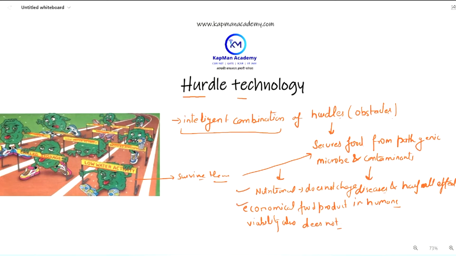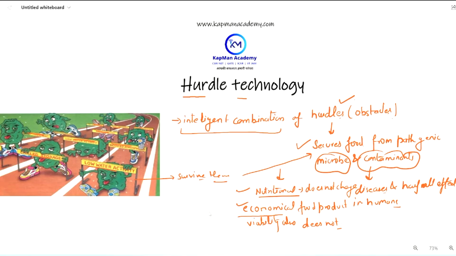So when we apply hurdle technology to food products, the purpose is to secure the food, in which pathogenic microbes and contaminants are removed, the nutritional value remains as such, and the economic viability of the food product also does not change, right?